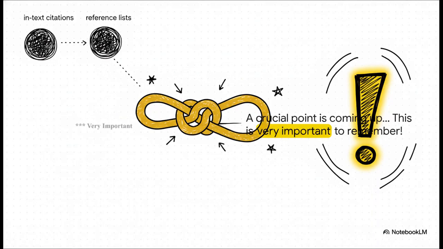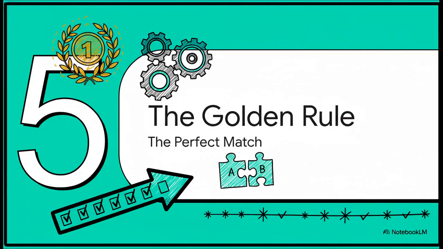So we've got the two pieces, right? The little signposts in your text and the big map at the end. But for this whole system to work, there has to be a totally unbreakable link between them. And that link is governed by one simple golden rule. Yeah, people often call this the golden rule of referencing. It's not rocket science, but getting this right every single time is what really separates the good referencing from the great referencing.